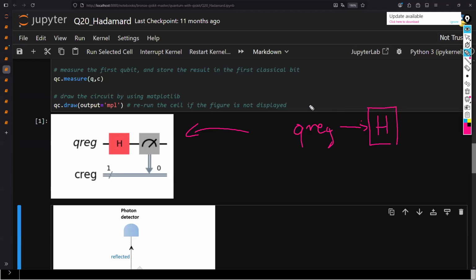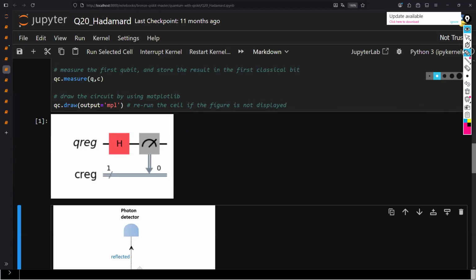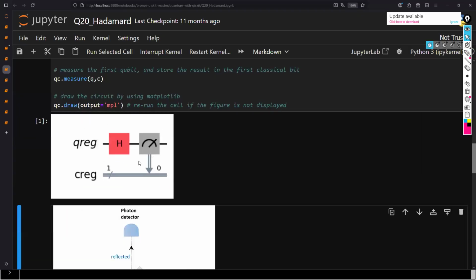This is the box that you see in here, right? And then we measure. I will note this with M. And then we store the result in bit 0 of our classical register. So this is the C register.